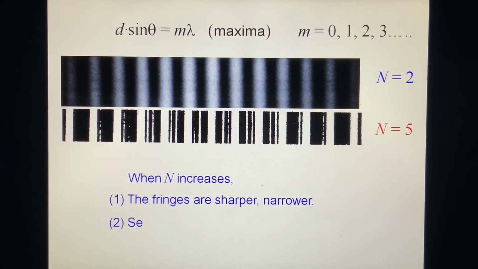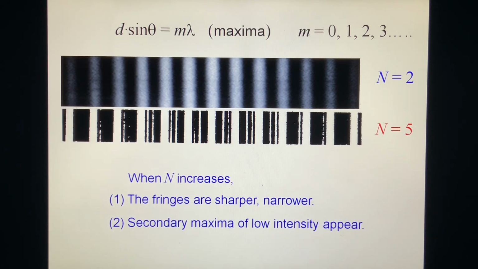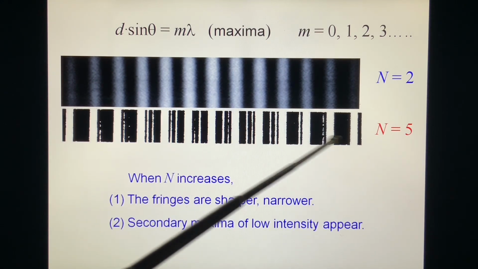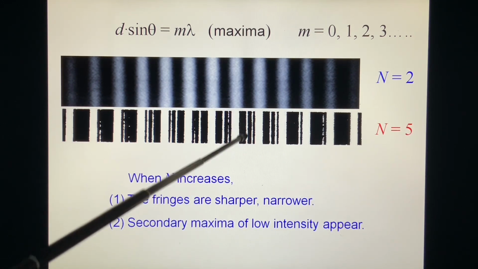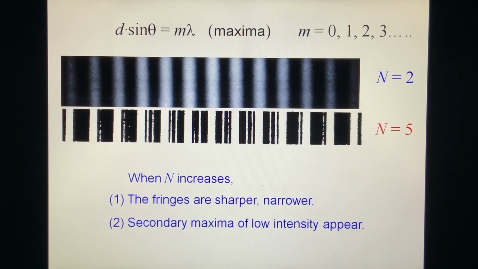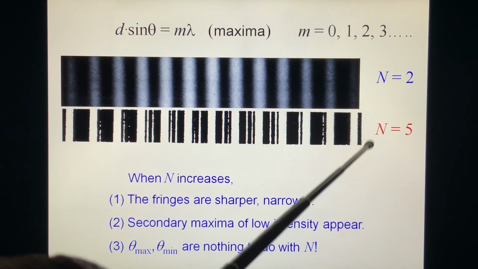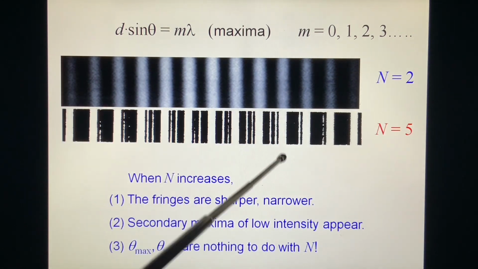Second, secondary maxima of low intensity appear. In this one, n equal to 5, you have secondary maxima with low intensity. Third, the positions of the maxima and minima have nothing to do with n. They are the same. You look at n equal to 2 and 5, and the positions are the same.